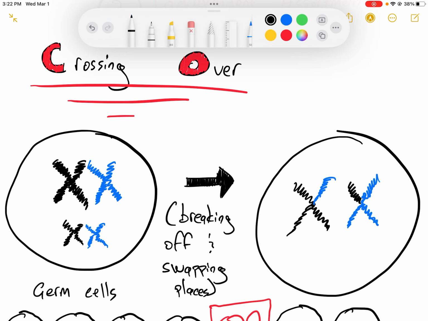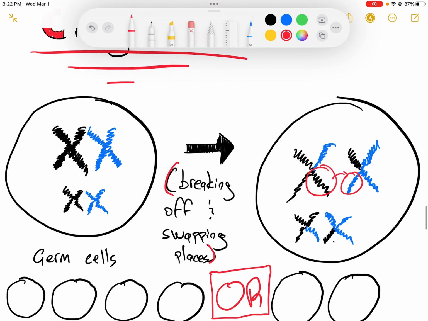Let's just say the same thing happens for this side. We got a smaller chromosome here, but it switches that bottom leg, and it really would be better if it were closer together. But basically you can see that this part of the chromosome switched with this part. They traded places. Another way to say that is it broke off and swapped places.